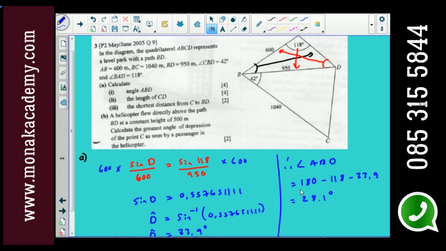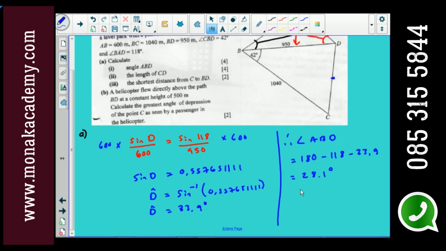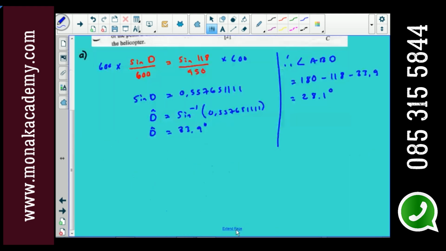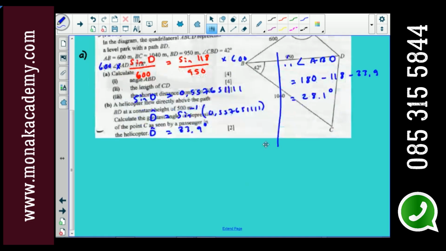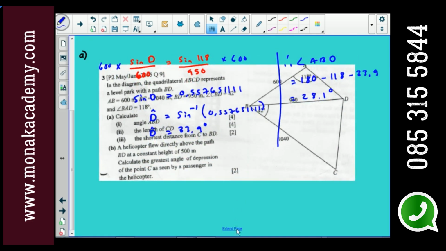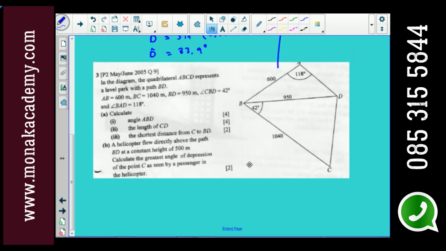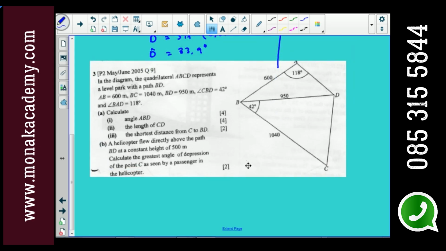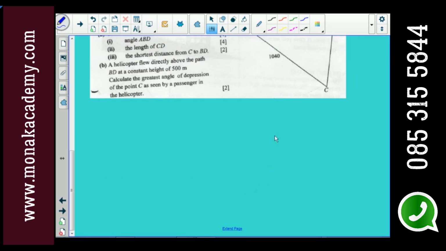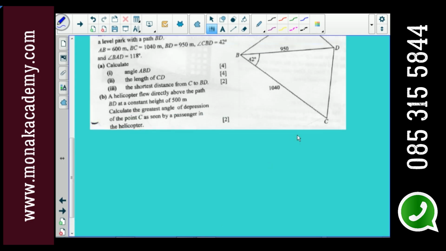So they want this length. The length of CD, yes. All right.